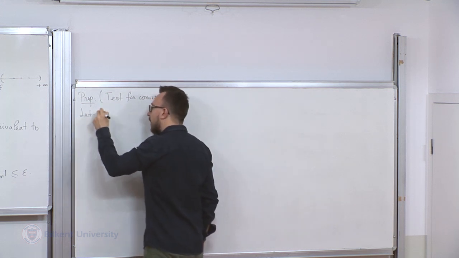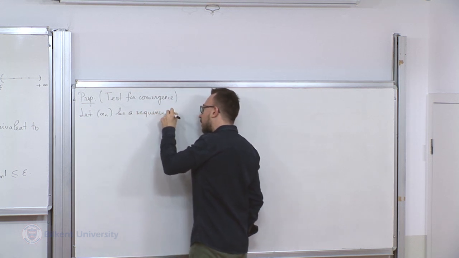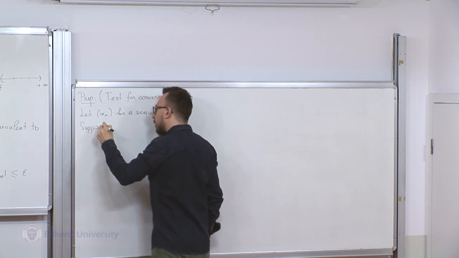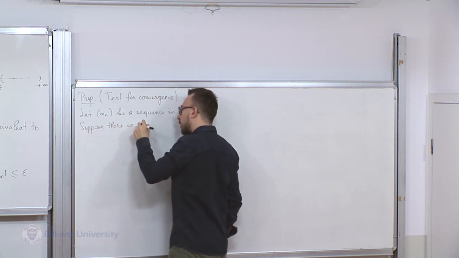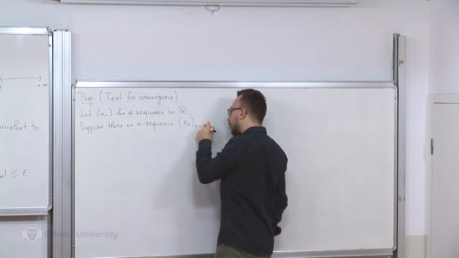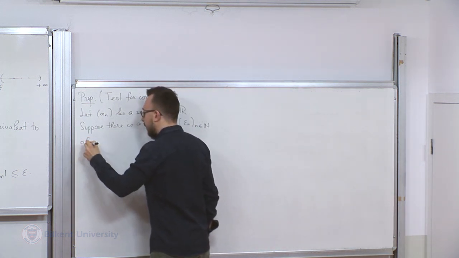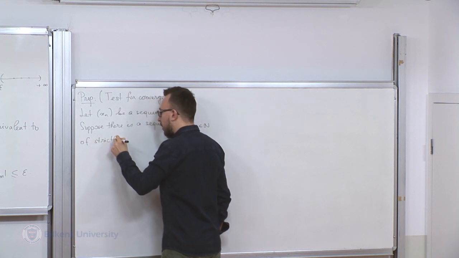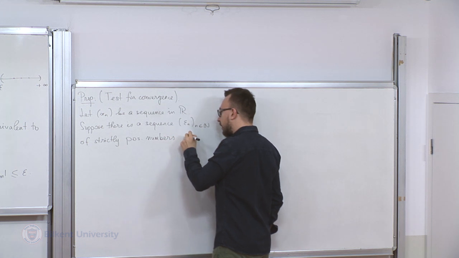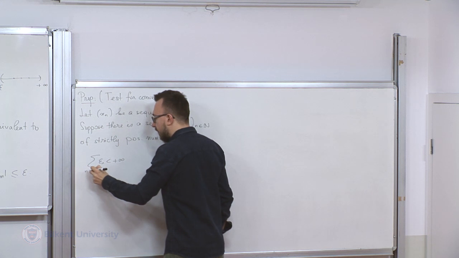Let xn be a sequence in R. And suppose there is a sequence epsilon n. So I don't use a single epsilon, I use a sequence of epsilons of strictly positive numbers, with the following properties. The sum of epsilons is finite as an infinite series.